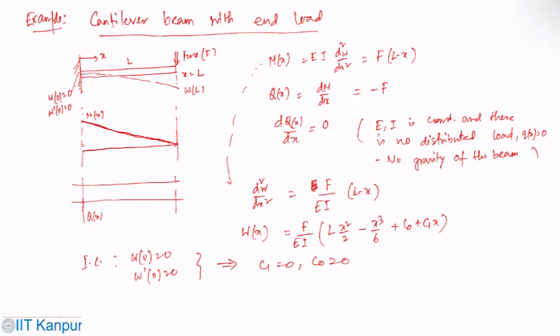So what eventually we get, W of x equals F x squared by 6EI (3L minus x).